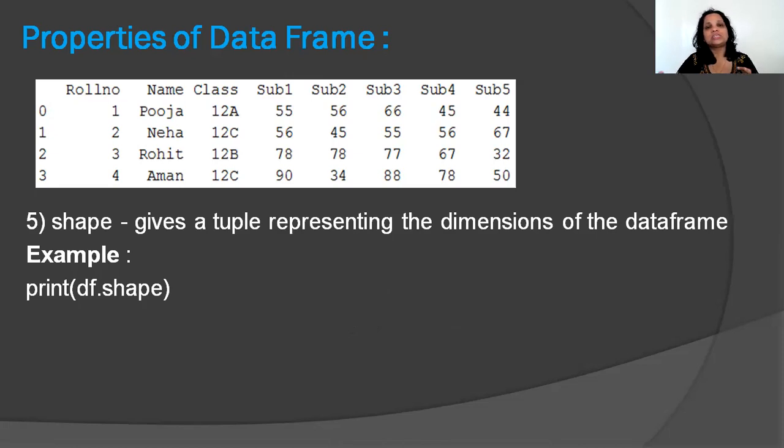Is that clear? Okay. Next one is shape. Now, what does the shape attribute do? It gives you a tuple where the first element of the tuple will tell you how many rows your data frame has. In this scenario, 4. And the second element of the tuple will tell you how many columns your data frame has. So in this scenario, 8.